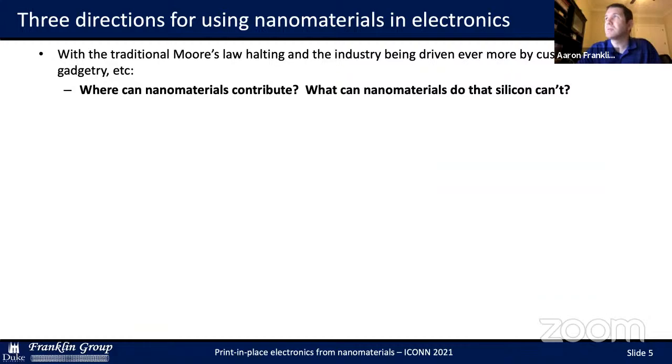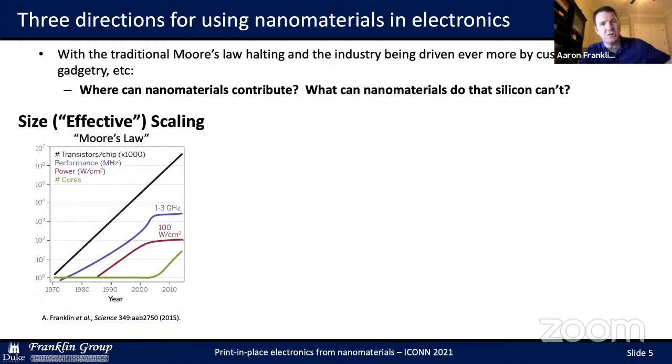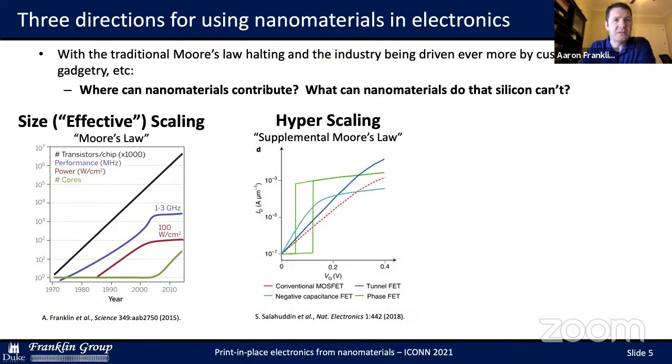So the directions of using nanomaterials for electronics, I could broadly classify as the traditional Moore's law-like size scaling or effective scaling for transistors. And then there is this new era often referred to as hyperscaling, which are still generally high performance electronic devices utilized in some form of computing fashion.